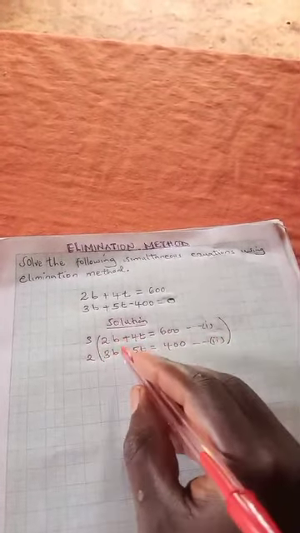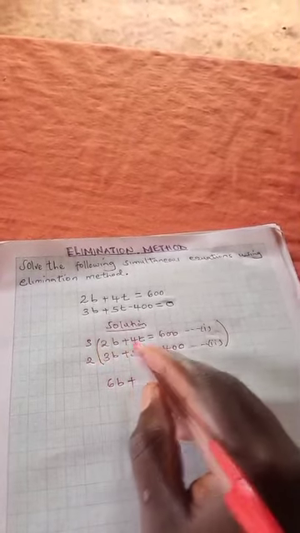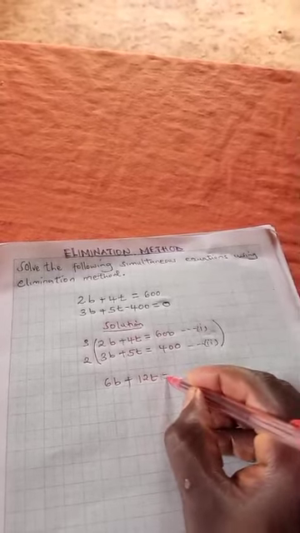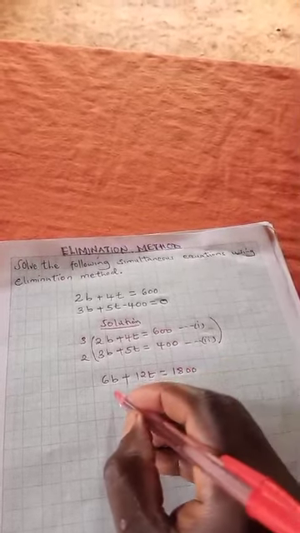So 3 multiplied by 2b will give you 6b, plus 3 multiplied by 4t will give you 12t, and 3 multiplied by 600 will give you 1800.